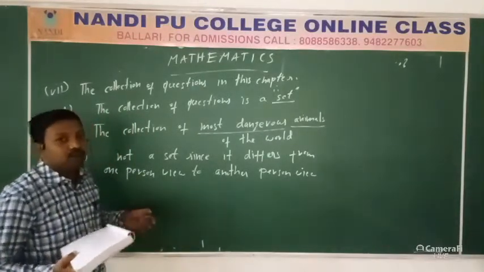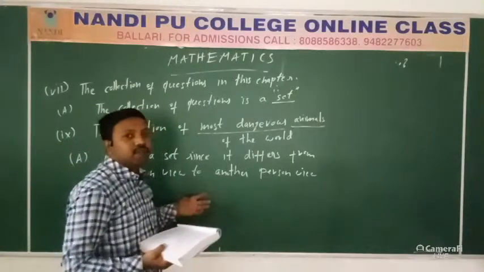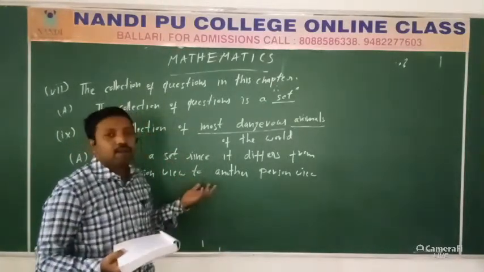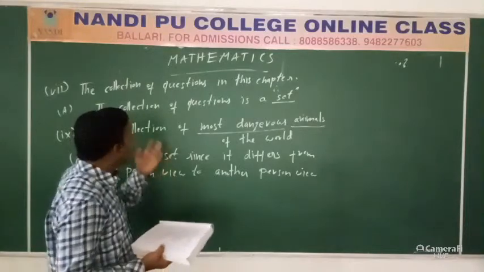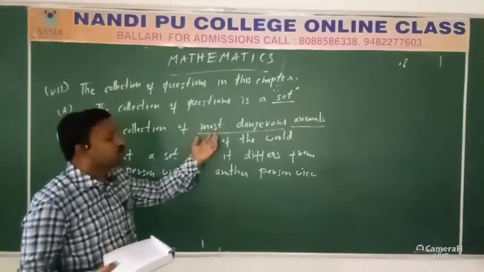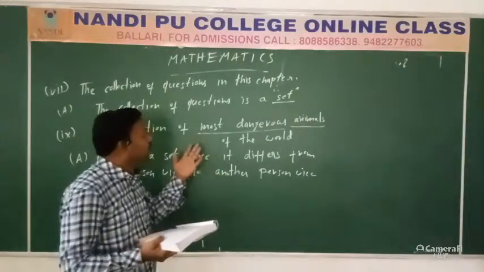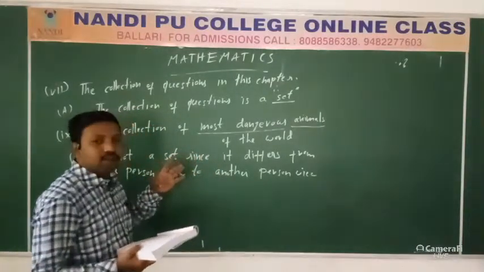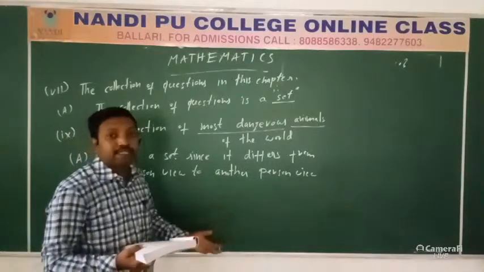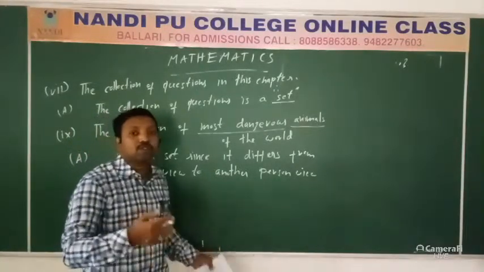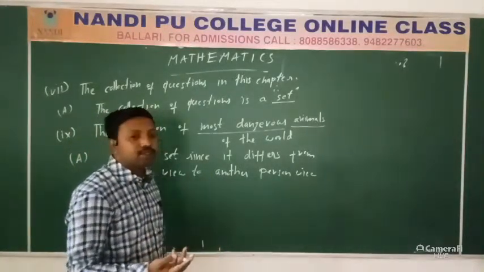We have to justify whether the given information is a set or not. So whether it is most dangerous, most talented writers, or most tasty, we cannot say. Which is the most tasty item? It differs.